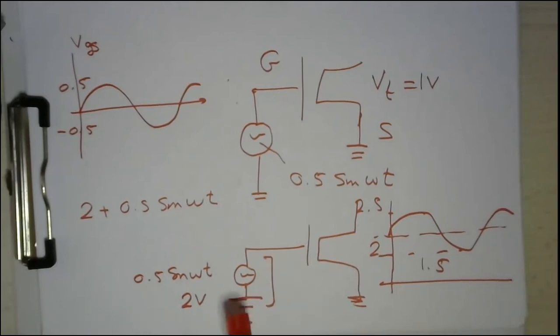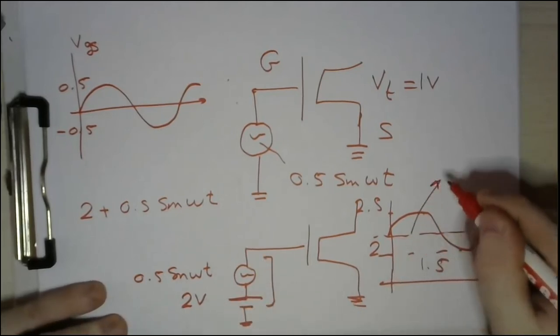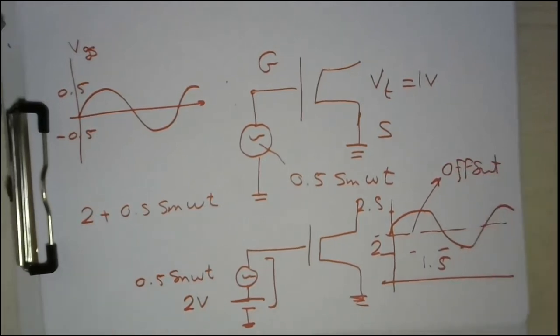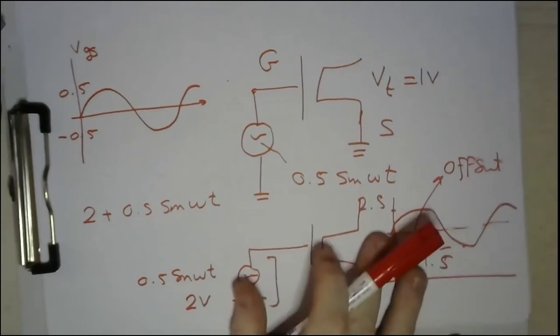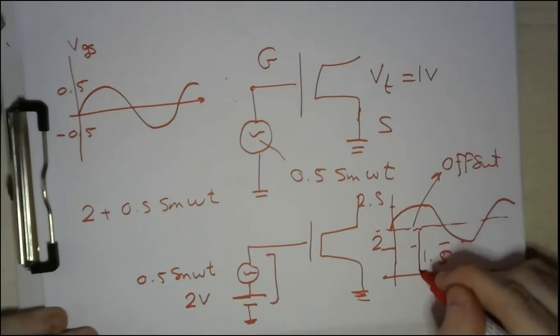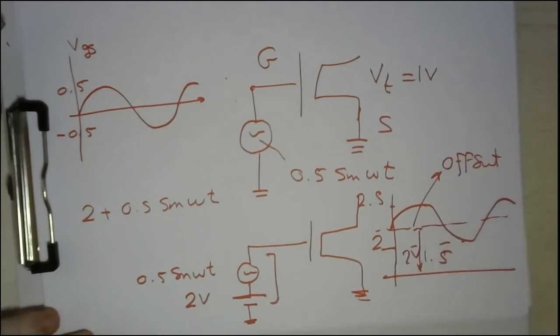We call this a DC biasing or a DC offset. Maybe you have heard this word before. So we shift the input with a DC offset, which is now 2 volts, in order to ensure that our MOSFET is working all the time, regardless of the value of the AC signal.